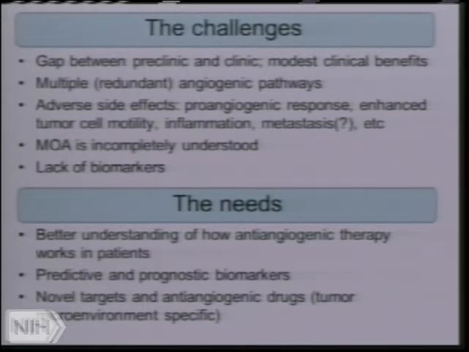What are the needs as I see them? Well, we need a better understanding of how the anti-angiogenic therapy works in patients. We need predictive and prognostic biomarkers that will help us stratify patients and administer these therapeutics better. And one of the problems that bevacizumab has is that vascular endothelial growth factor is produced by tumor cells, but it's produced by inflammatory cells.